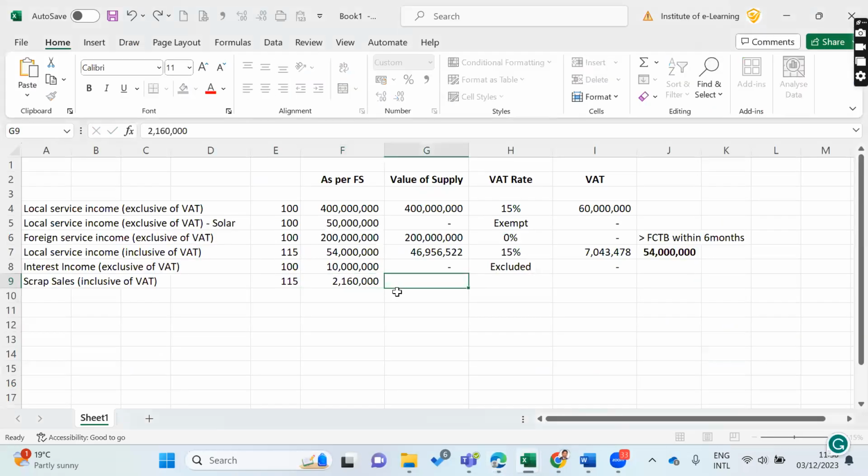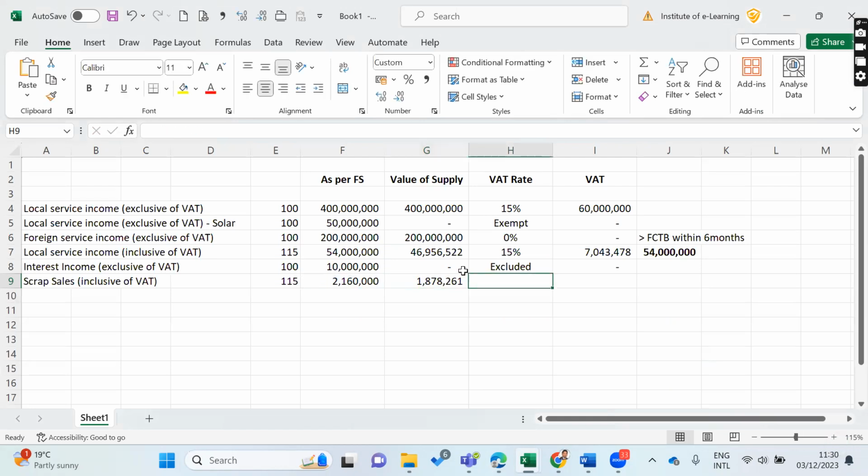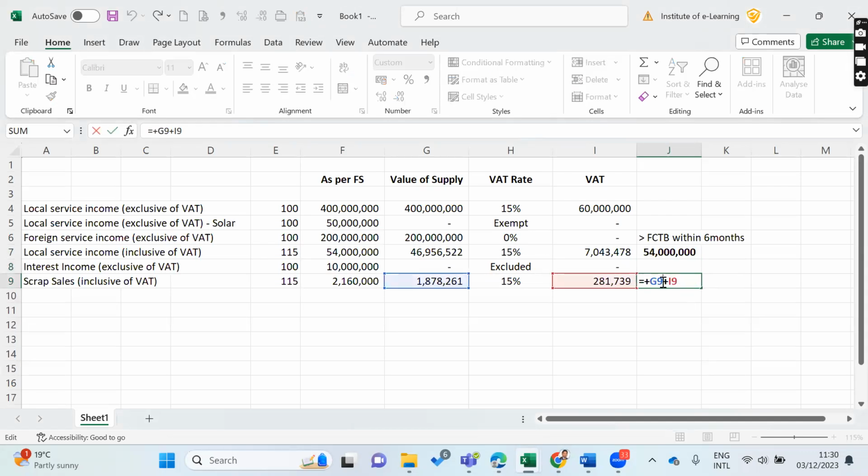So here you take the figure, and we have to make it 100 to get the value of supply. Divide by 115 and multiply by 100. Then you take the rate and multiply it, and it should also equal the same two figures as for the financial statement.